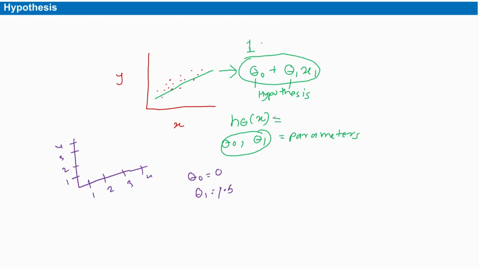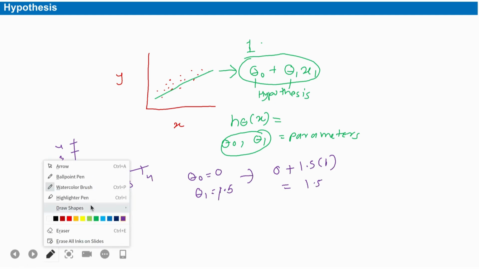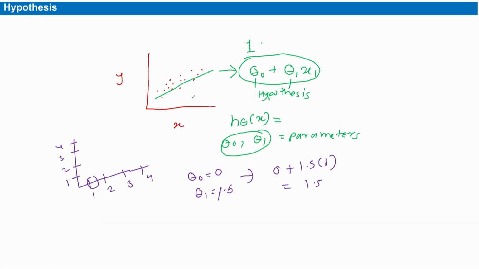When x is equal to 1, the equation becomes 0 plus 1.5 into 1, which gives 1.5. This is, suppose, this point.